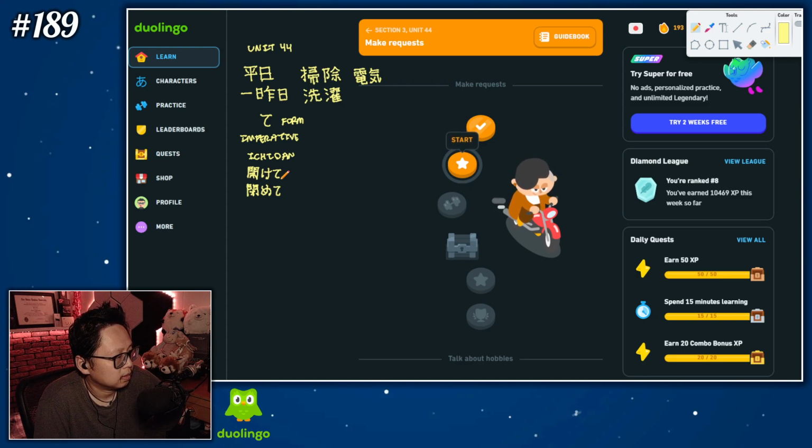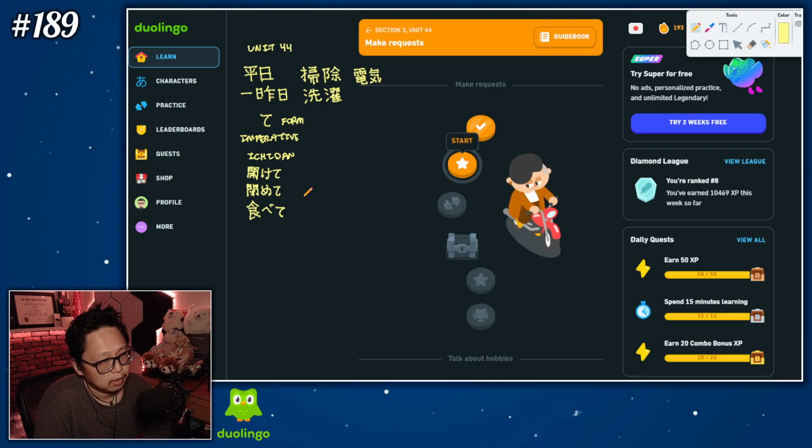So akete and shimete. We also have tabete.